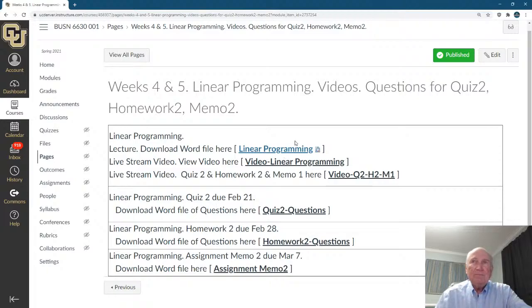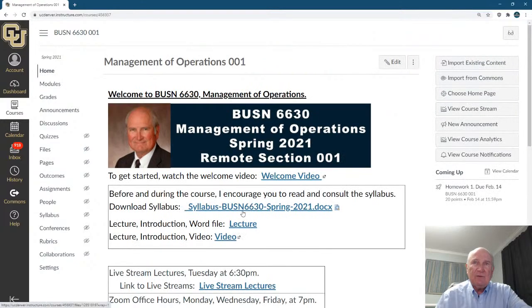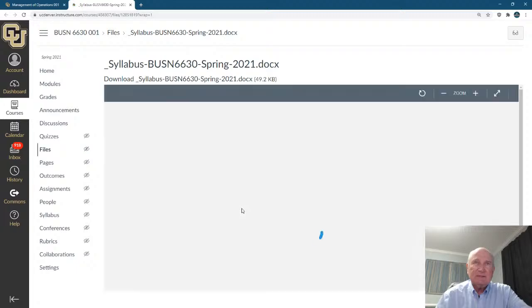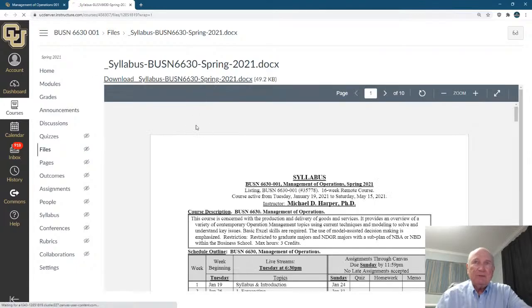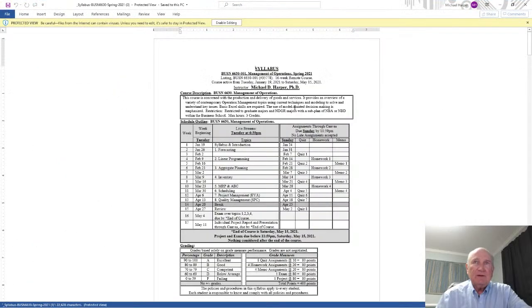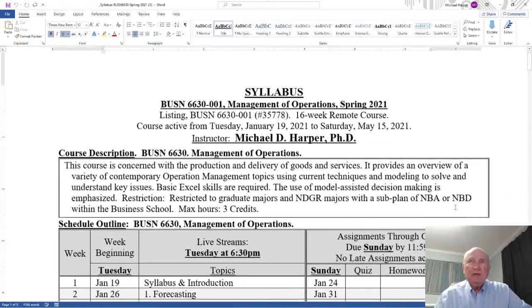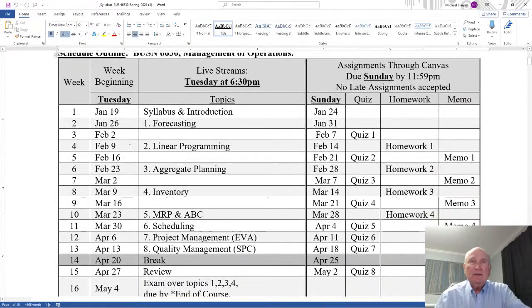Okay, so let's go back. Let's bring up the syllabus for a second. Let's download the syllabus here and open this up. And there it is. Edit, make this larger. So here we are, right here, February the 9th, linear programming.